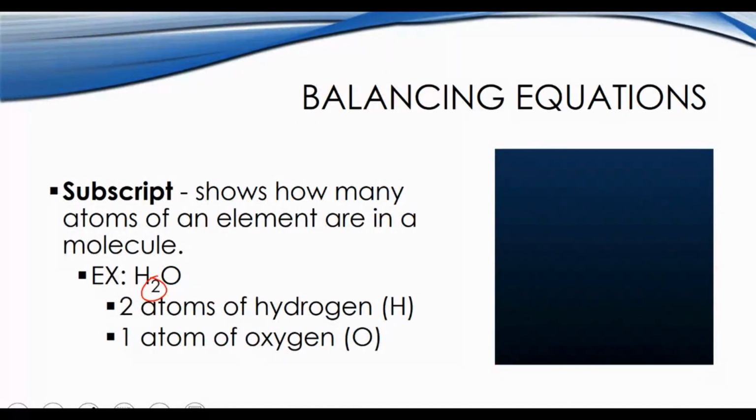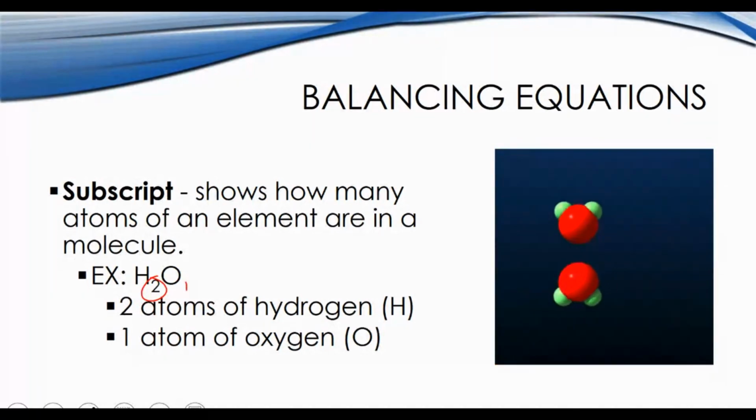So again, the subscript tells me how many of that element are present in the molecule. So the H2O tells us that there are 2 atoms of hydrogen and 1 atom of oxygen. If you don't see a subscript for a particular symbol, assume it's 1. We just simply don't write it, okay?